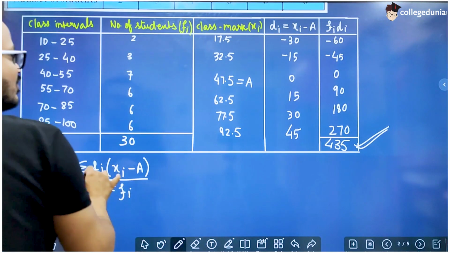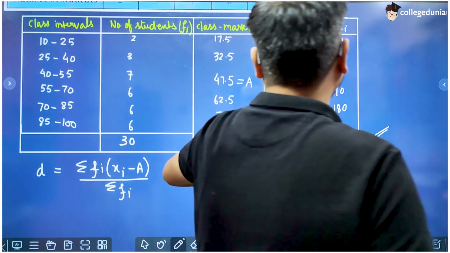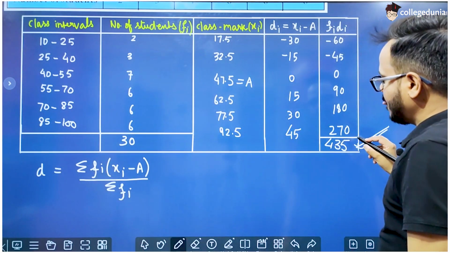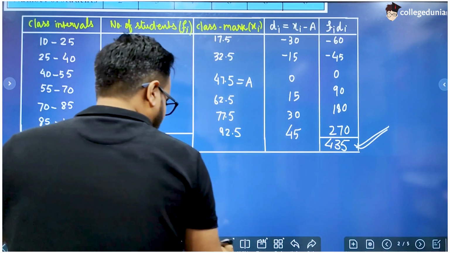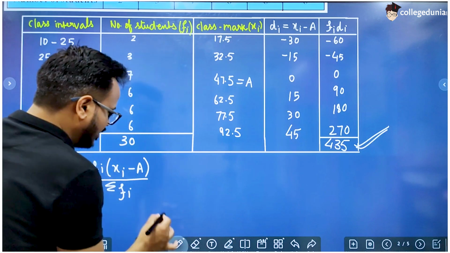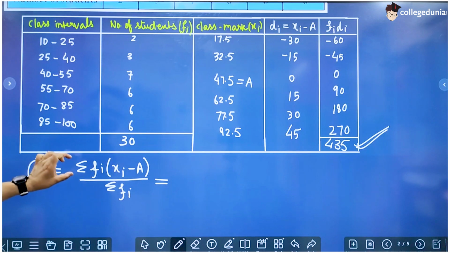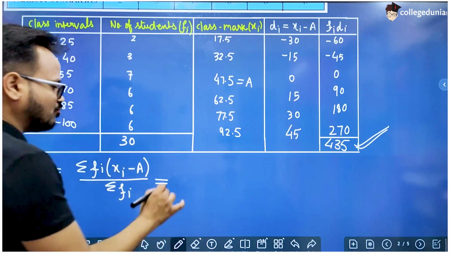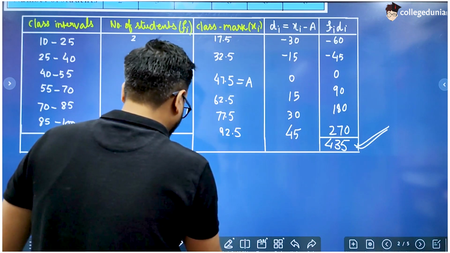So let us say this value is d, because di is these individual values and d we are referring to this result. This result is just the mean of the deviations, which is the sum of the deviations, that is 435, divided by the number of deviations, which is 30.